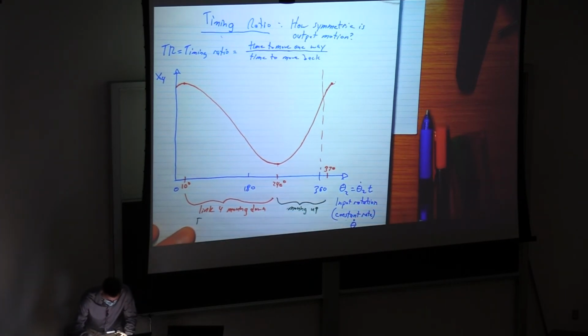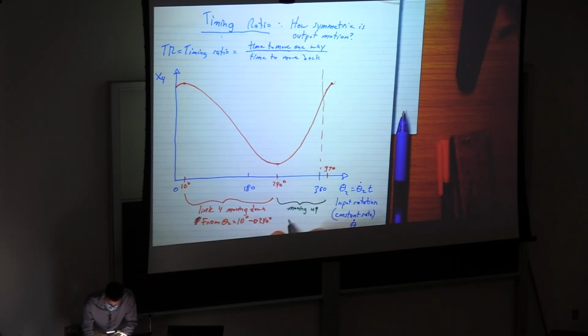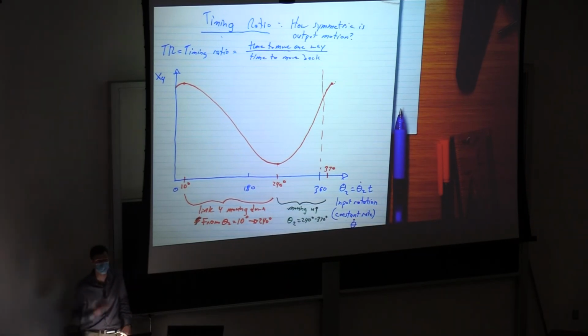So those are our two phases, the up and the down phase. The down phase is from theta 2 equals 10 degrees to 240 degrees. And moving up had theta 2 from 240 to 370. And 370 is the same as 10 degrees because it's a cyclic input.